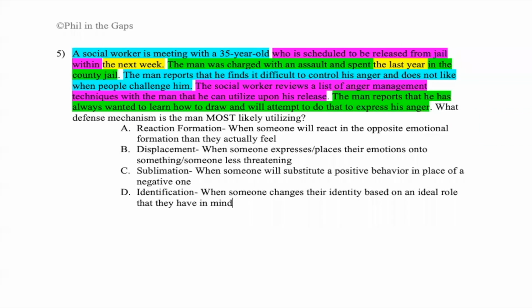The man reports that he finds it difficult to control his anger and does not like when people challenge him. The social worker reviews a list of anger management techniques that he can utilize upon release, which would be within the next week. And the man reports he has always wanted to learn how to draw and will attempt to do that to express his anger. So keep all that in mind as we go through each answer choice.